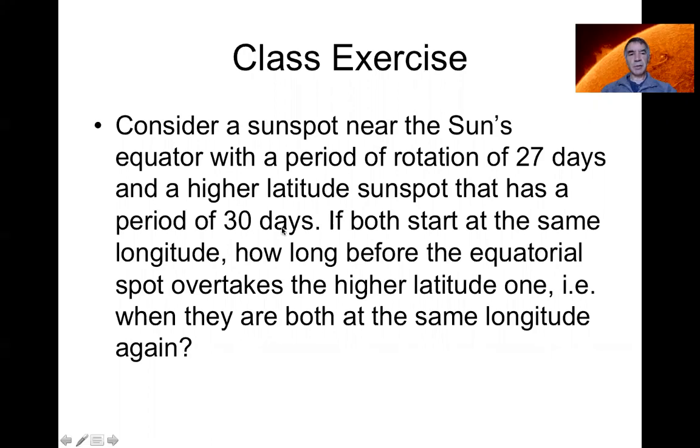So I mentioned this idea that the rotation period for a sunspot near the equator of the sun is shorter than the one further up, at higher latitudes. So just have a little go at working out how long it takes for the equatorial spot to basically overtake, to lap, if you like, a bit like runners on a track, the one coming from the higher latitudes.